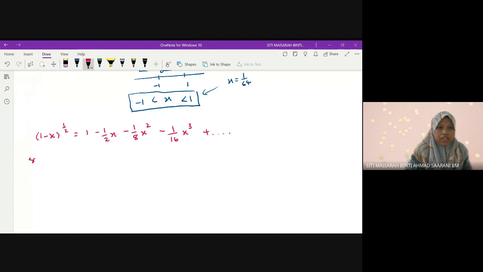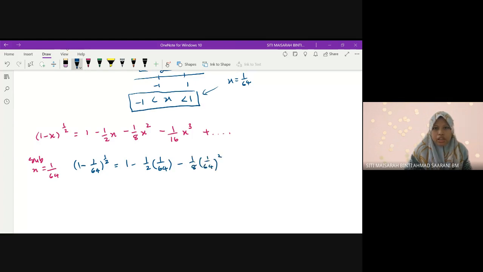Okay, by substituting x equals 1 over 64, we get 1 minus 1 over 64 power 1 over 2 equals 1 minus 1 over 2 multiply 1 over 64 minus 1 over 8 multiply 1 over 64 square minus 1 over 16 multiply 1 over 64 cube.